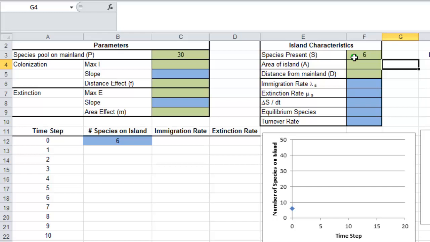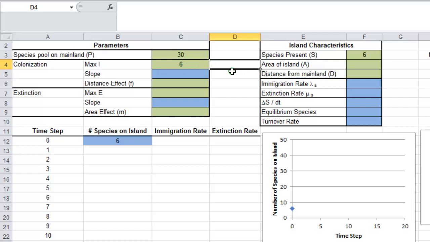Right now it has 6 species, and we want to know what's going to happen over time as predicted through island biogeography theory. You might remember that Jed talked about the maximum colonization rate that he called I. Let's go ahead and enter a number here. Let's put down 6. This indicates the maximum number of species that can colonize an empty island.